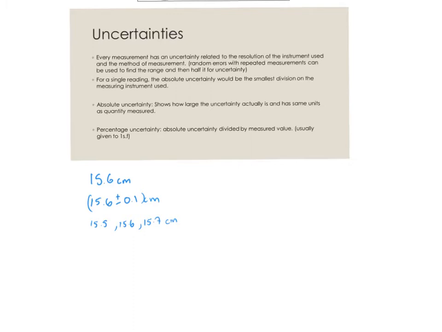So if the thermometer in the classroom had divisions of 1, 2, 3, 4, 5, and the room was about 21 degrees Celsius, and I measured it and decided it was 21 degrees Celsius, I still can't say in physics that it's definitely 21 degrees Celsius.